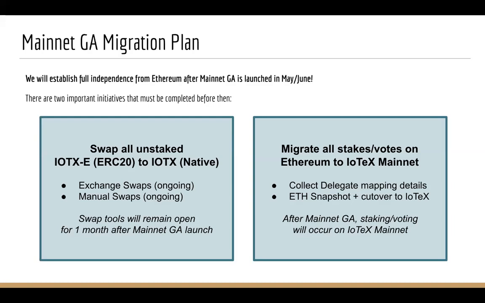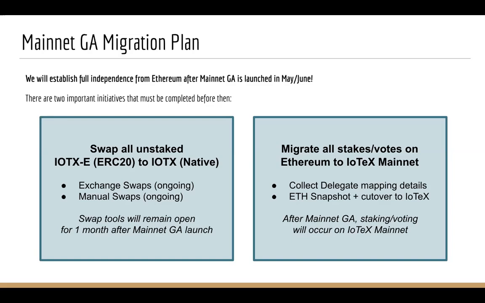I think Gate and Binance are also running their swaps currently. So if you want to deposit ERC20 IoTeX into Binance, it'll automatically convert it into native IoTeX. And we're working with exchanges to accept those swapped ERC20 tokens and burn them. We have a thread in the forum that transparently shares the burning activity of those ERC20 tokens.